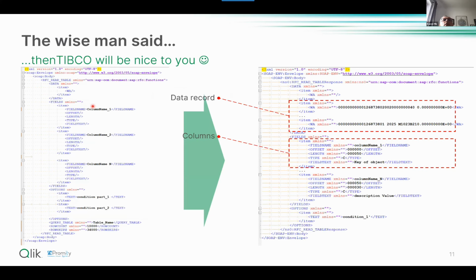So we have the name of the column, the information where the data for that particular column starts in a data record string, what the length of the data is, and the type and the name of the column. Then we have something we know already, because those are the options which are returned in the response.